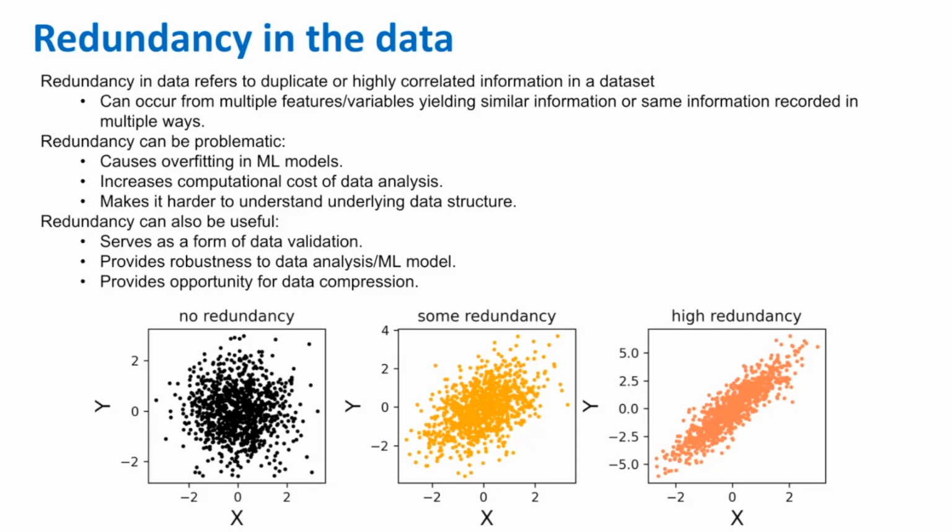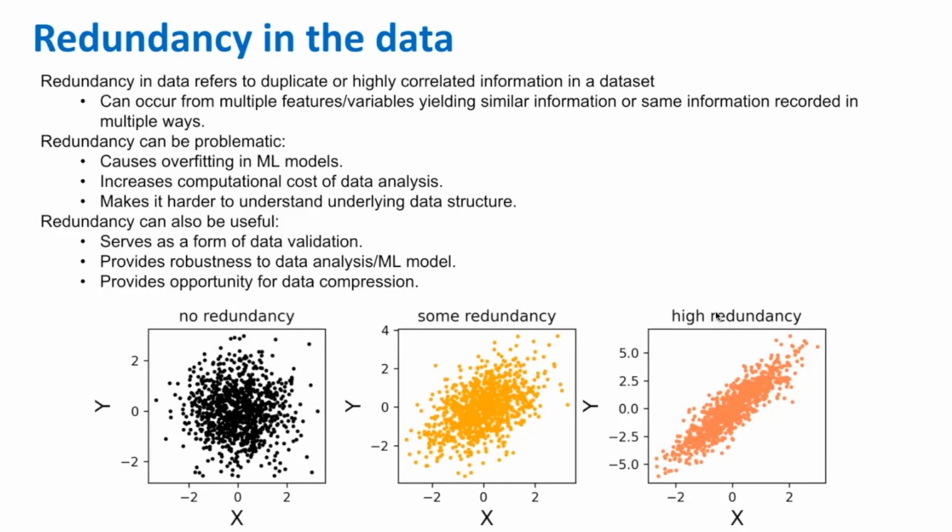Then there could be the case where there's some redundancy between x and y. Then you can see that there is a correlation to be observed, meaning if I know something about x, then I kind of know something about y to a certain degree. And then in the high redundancy case, I really know a lot about y if I know something about x, right?